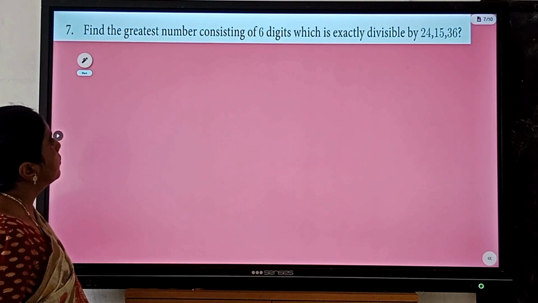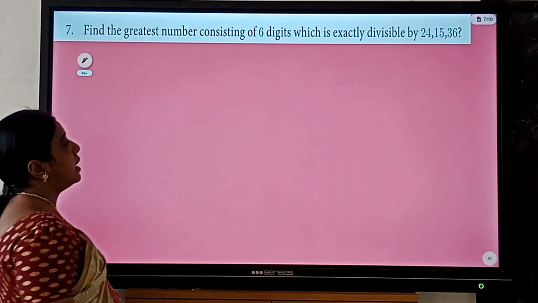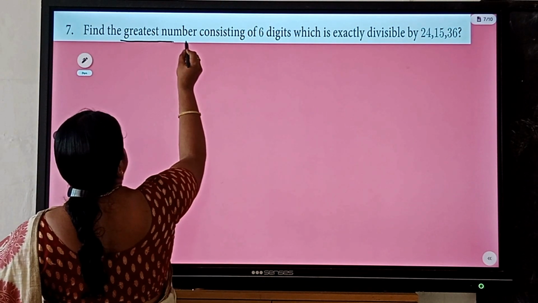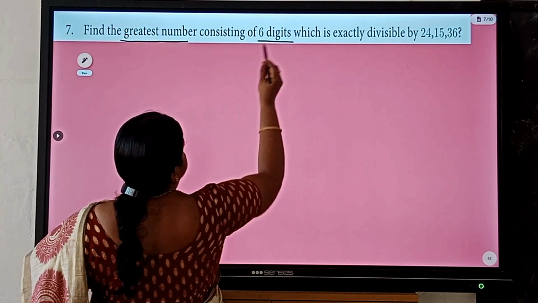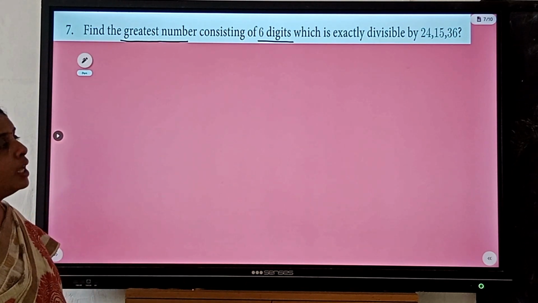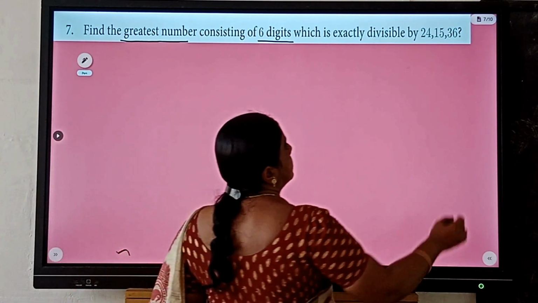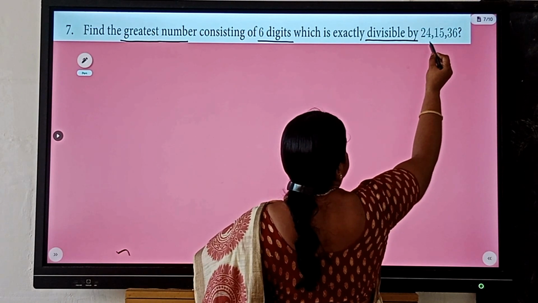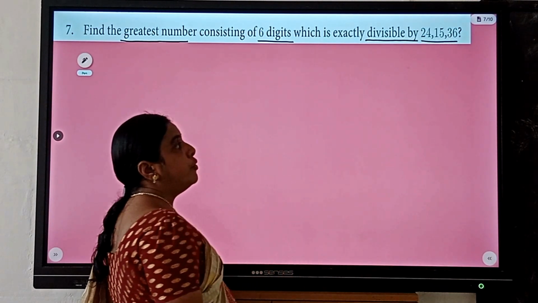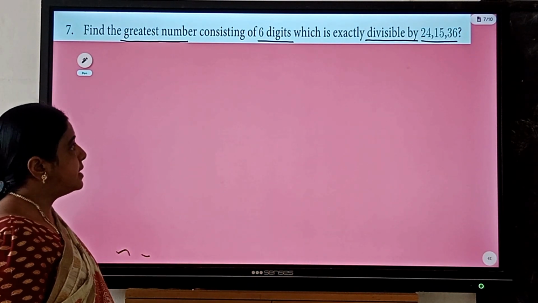The seventh sum: find the greatest number consisting of 6 digits. So greatest number, and it is a 6-digit number, which is exactly divisible by 24, 15, 36.